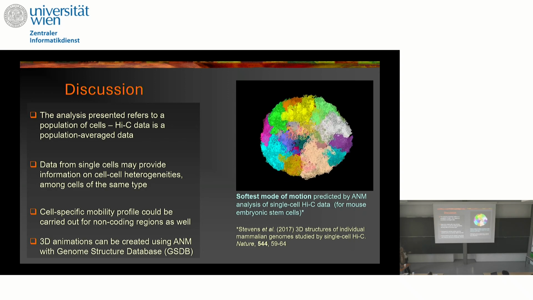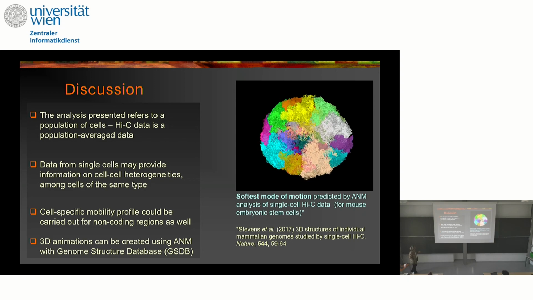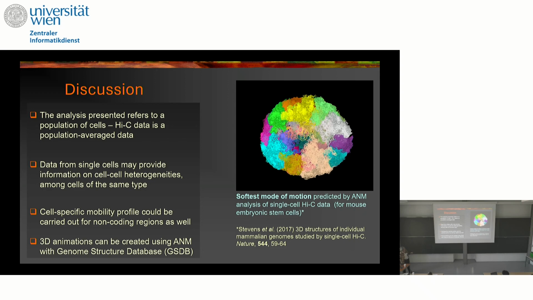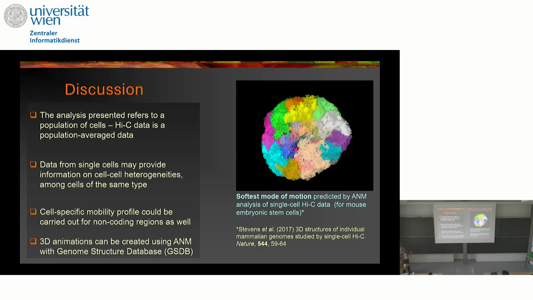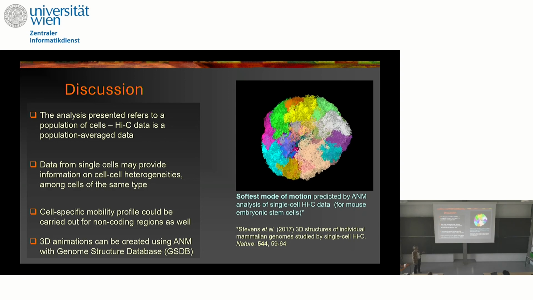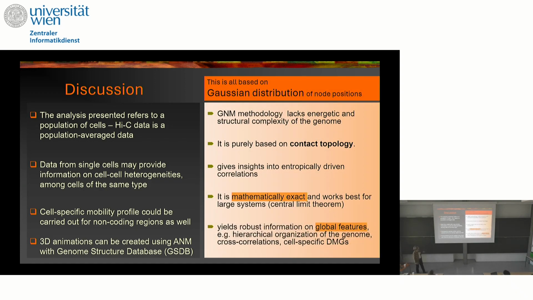And then this database has been put together very recently by Erez Lieberman Aiden and others, where they have now compiled the models for the chromatin. So we can serially apply the anisotropic network model to generate this type of movies and see what is the most robust.